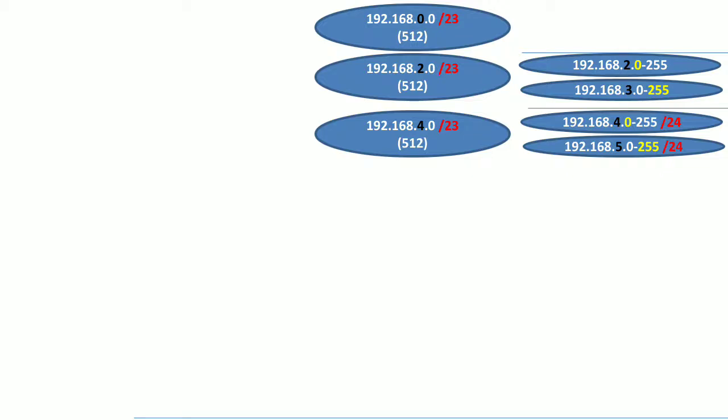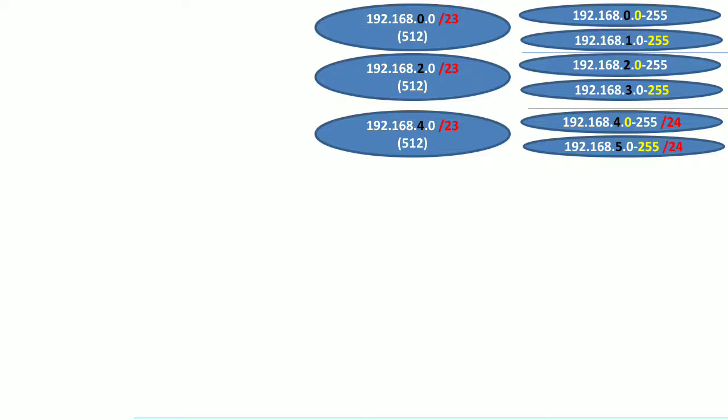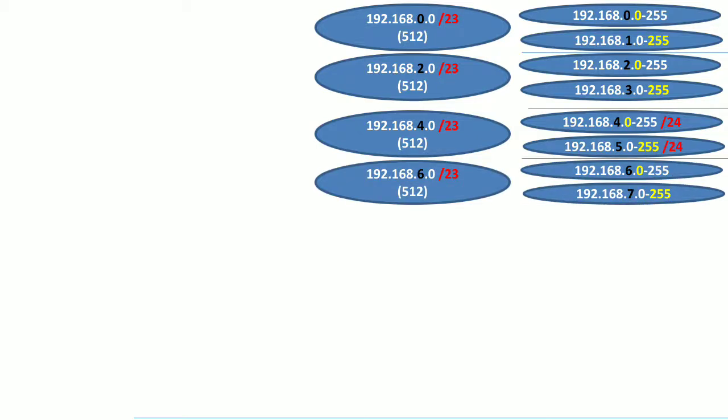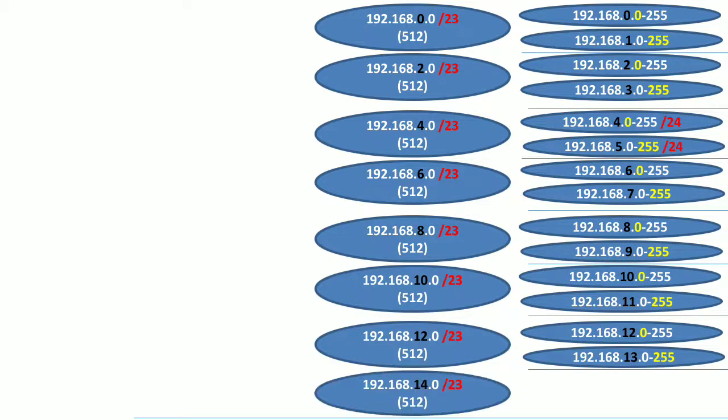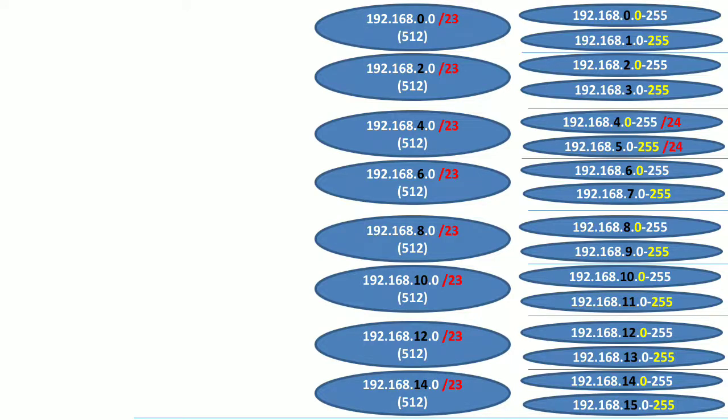And similarly, the zero network will have 0.0 and 1.0, and it would have the network ID of 0.0, and the broadcast IP address would be 1.255. And similarly, other networks. So this last network would have the network ID of 14.0, and its broadcast IP address would be 15.255.